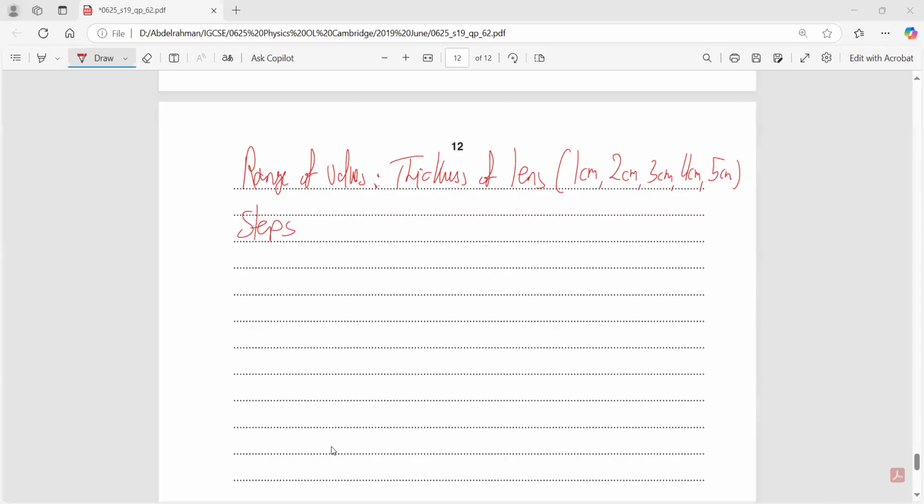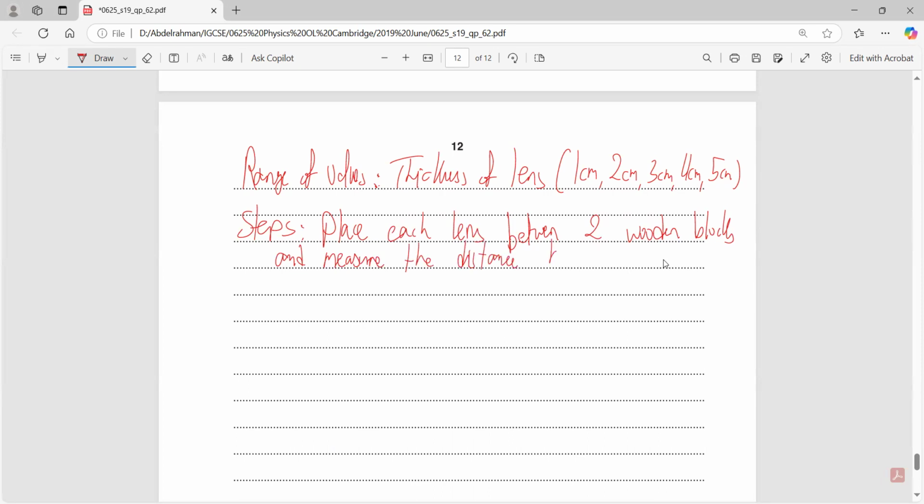By placing each lens between two wooden blocks and measuring the distance between them to find the thickness of each lens.